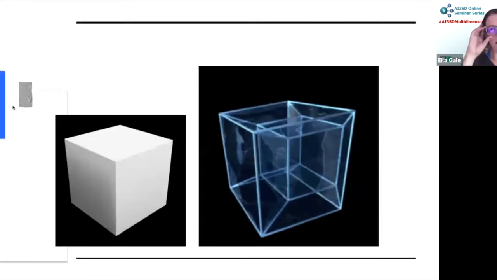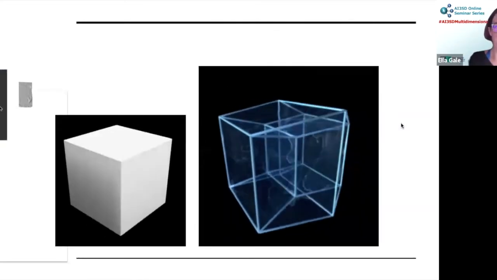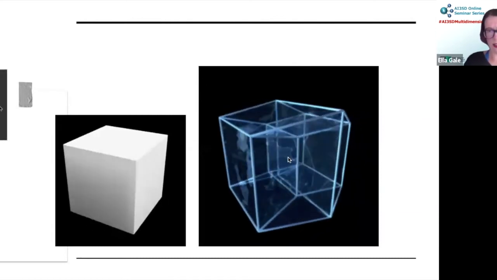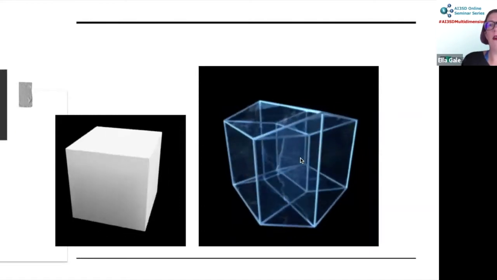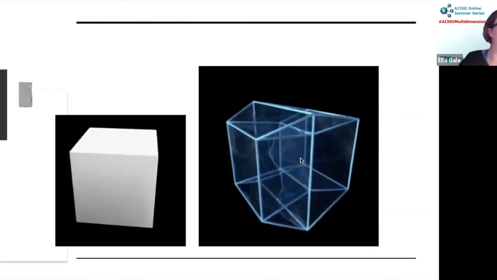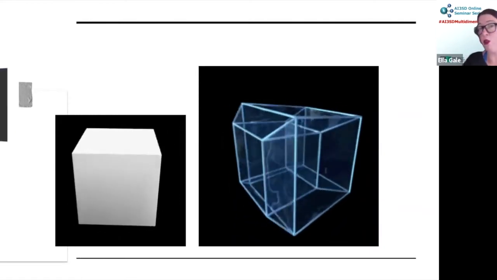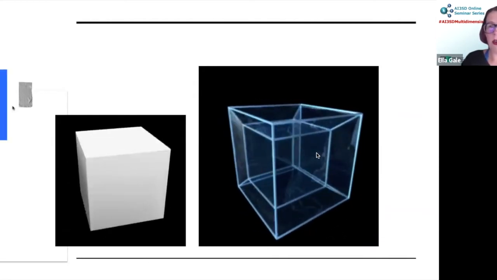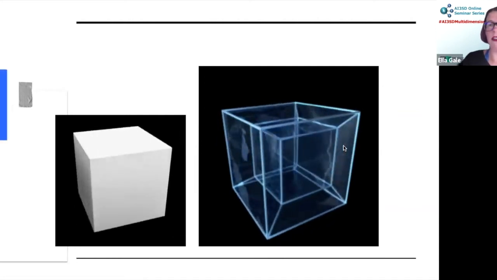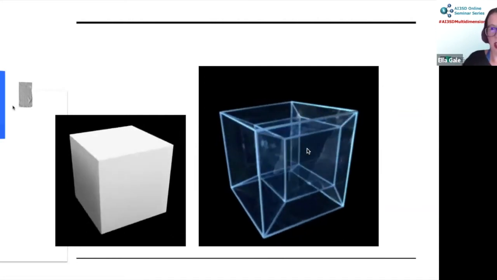Okay, so what happens if we move to 4 dimensions? That's what this thing is here on the right. This is called a tesseract or a hypercube. It's a 4-dimensional hypercube, so it's sometimes called a 4-cube. And what's going on here is you're not actually seeing a cube going through another. It's a solid object rotating.